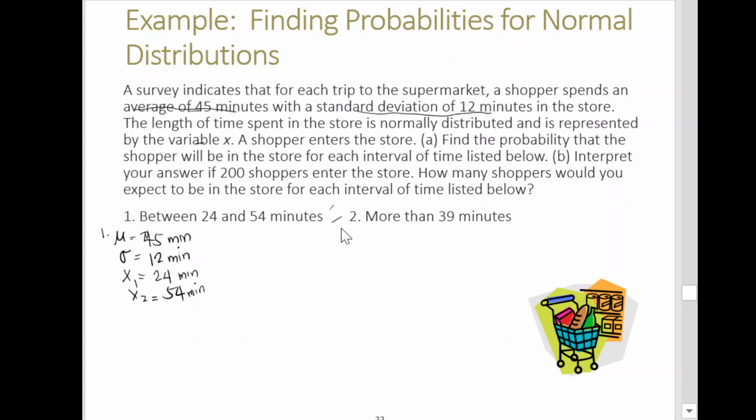If we use the normal distribution table, the mean is 45.